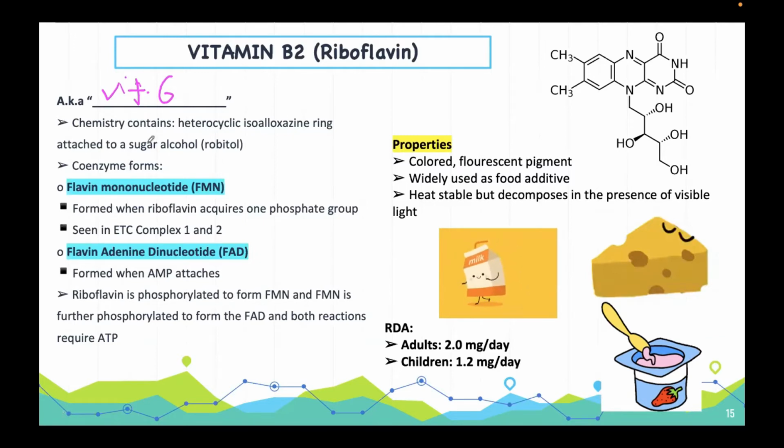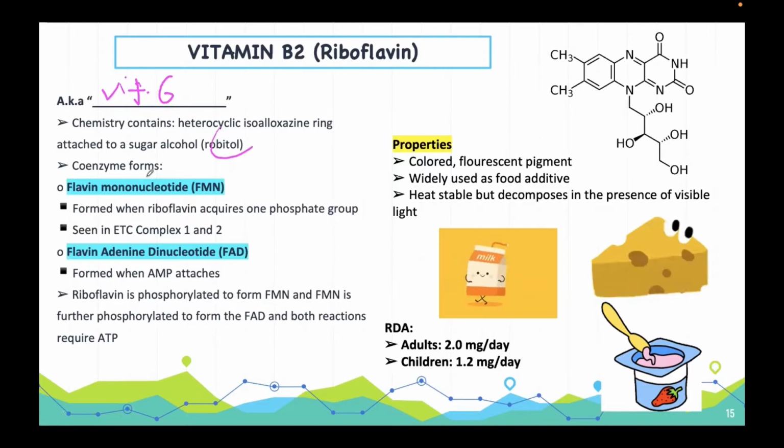Okay, the chemical structure of your vitamin B2, it is a heterocyclic isoalloxazine ring attached to a sugar alcohol or your ribitol. Tingnan po natin sa chemical structure. We have 2 main coenzyme forms that are very important: your flavin mononucleotide, pakitandaan si FMN, and your flavin adenine dinucleotide or your FAD.